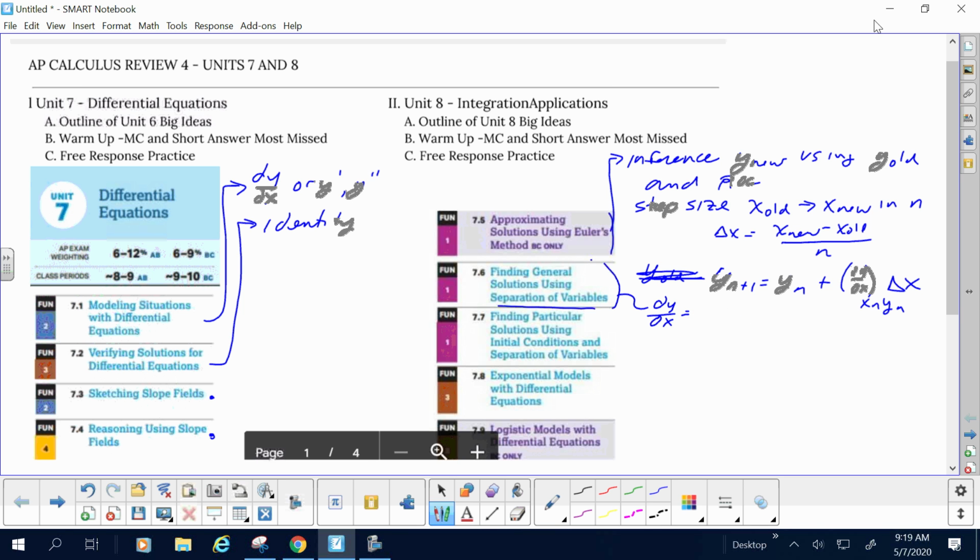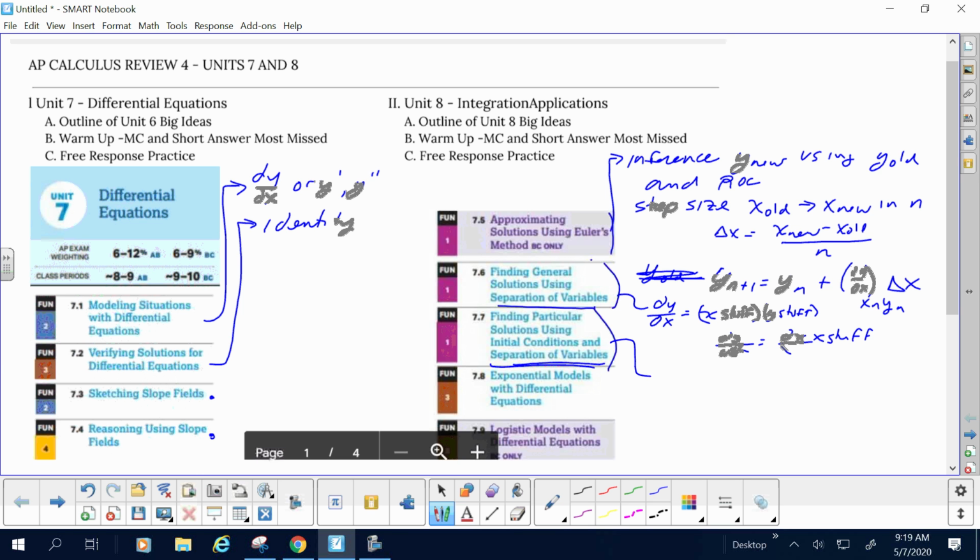Some you have x stuff, and y stuff, you've got to show separation of variables. So dy and the y stuff, dx and the x stuff, whatever it might look like. All right. When they say find particular solutions using initial conditions and separation of variables, that's key.